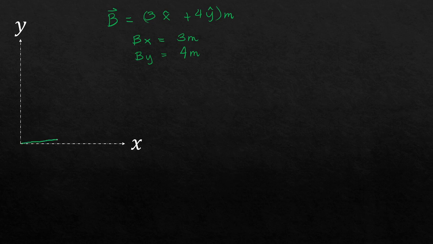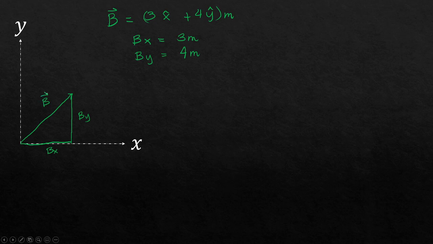Okay, so this is going to be, I failed to do a straight line. Hopefully this will be straight. Okay, so this will be BX, and another rough estimate, this is going to be BY. So our vector B would be this one.